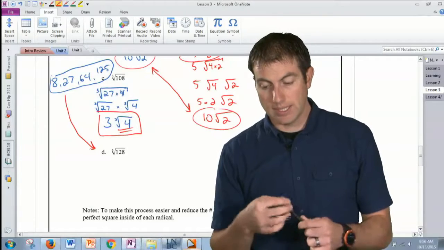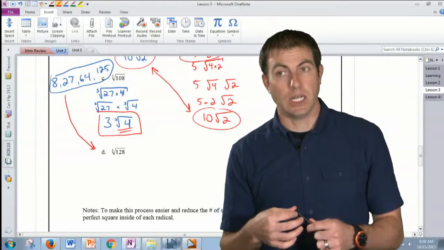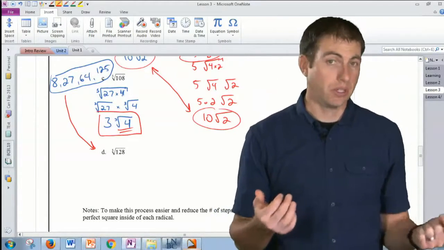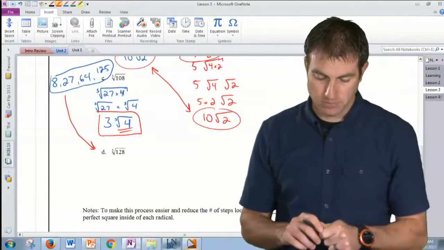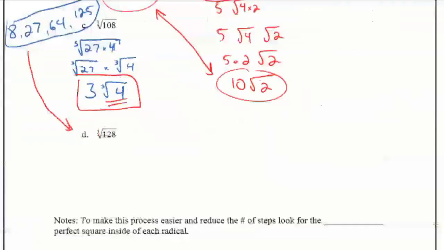What number multiplied by maybe 2 or 3 or 4 gives me 128 of the ones I've written up there? So if I think 8, does 8 go into 128? So I go 128 divided by 8, and I get 16. So that works. I could do 8.